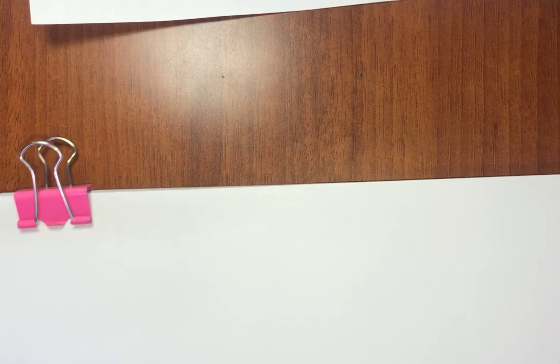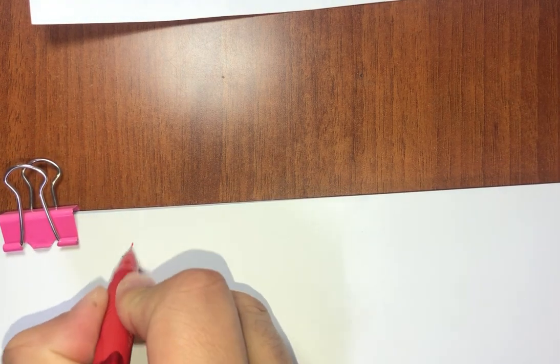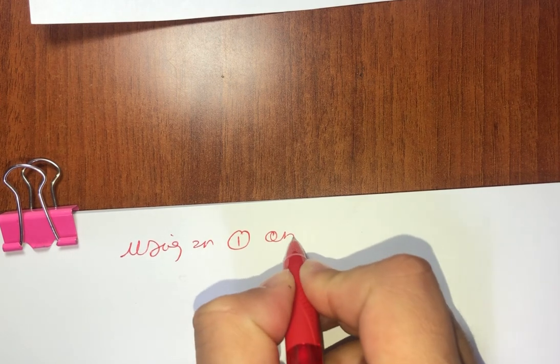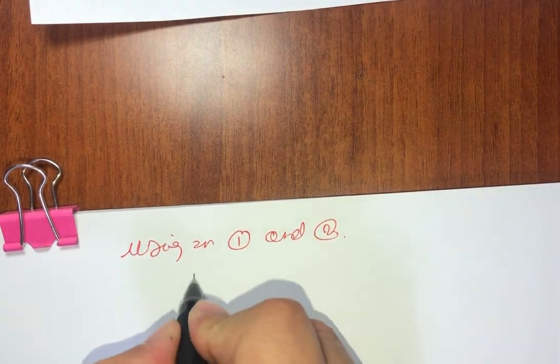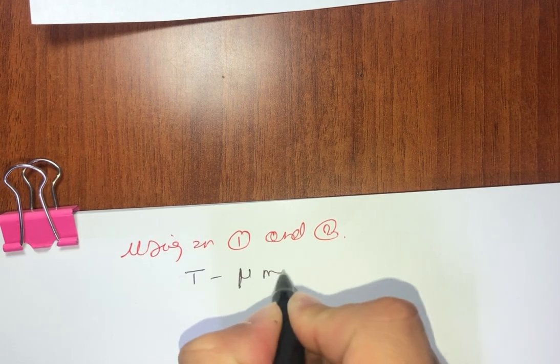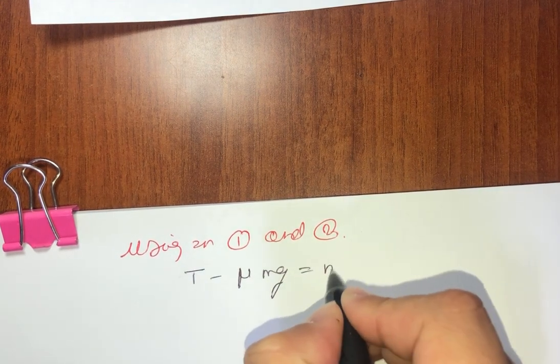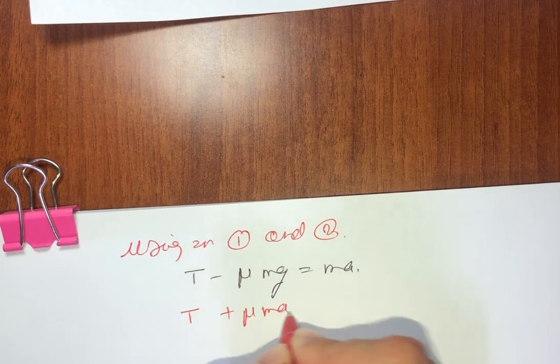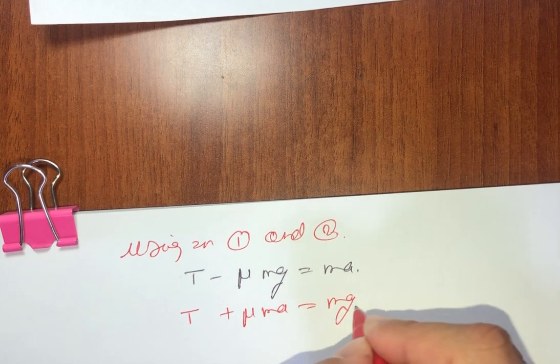So now using equation 1 and 2, we are going to solve it. We have T minus mu mg is equal to ma, and another equation is T plus mu ma is equal to mg.